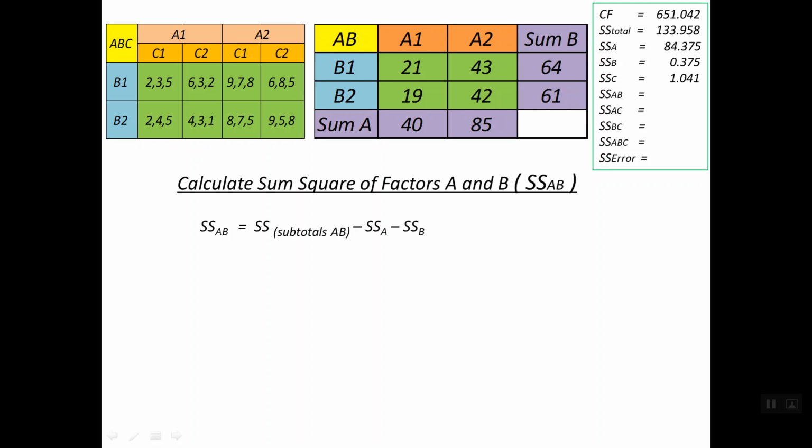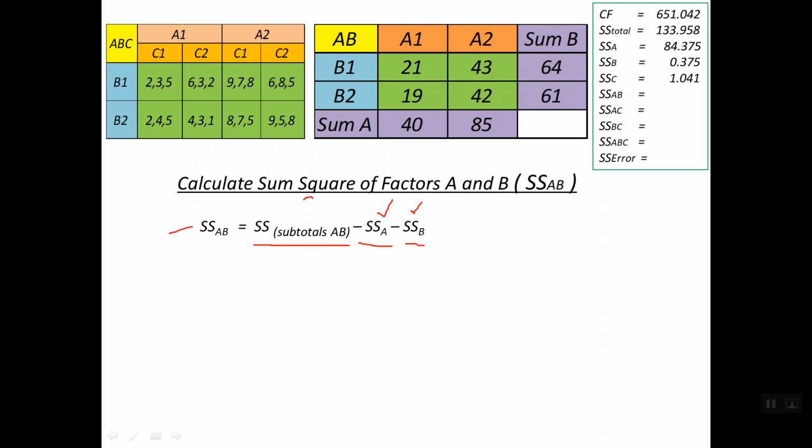Notice that for the calculation of the SS for the interaction, first we should use this formula. For example, we need to calculate SSAB. So first we have this unknown value, which is the SS for the subtotals between A and B, minus SSA minus SSB. Both SSA and SSB have been calculated.